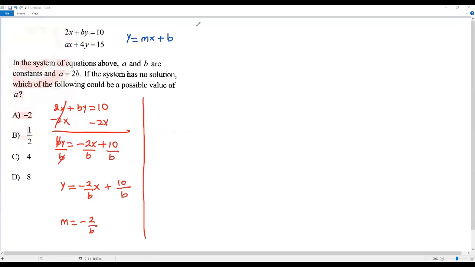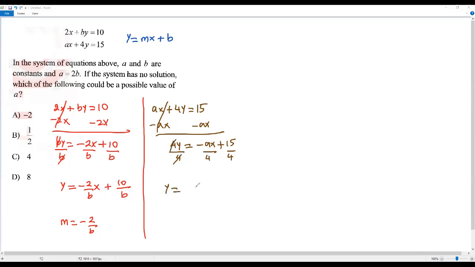Now let's write the second equation in slope intercept form, that is ax plus 4y equals 15. Let me subtract ax from both sides. Then the resulting equation is 4y equals negative ax plus 15. Then I divide everything by 4, so this 4 will cancel out.